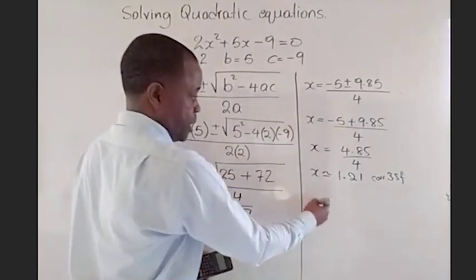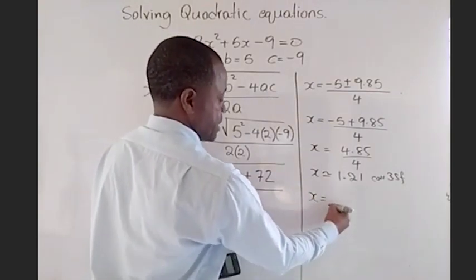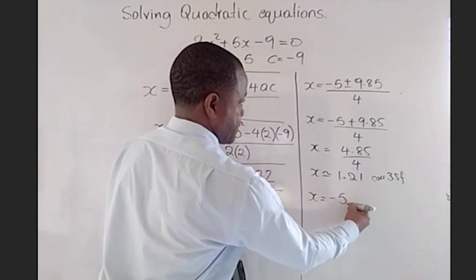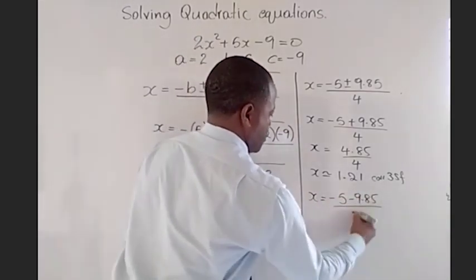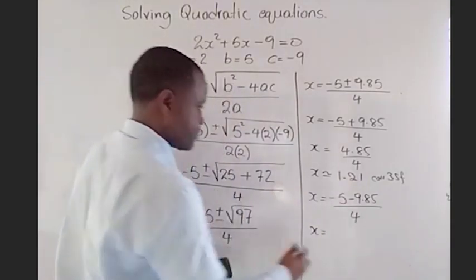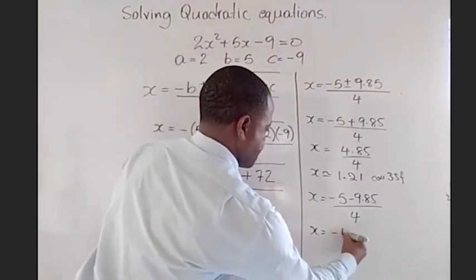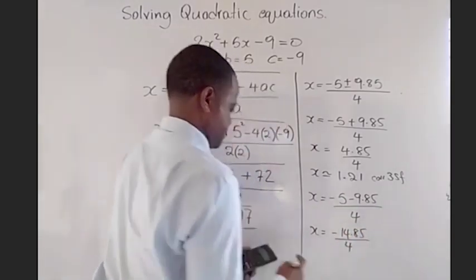Now we need to do the other solution. So x is equal to negative 5 minus 9.85 all over 4. In this case, x is going to be equal to negative 14.85 over 4.